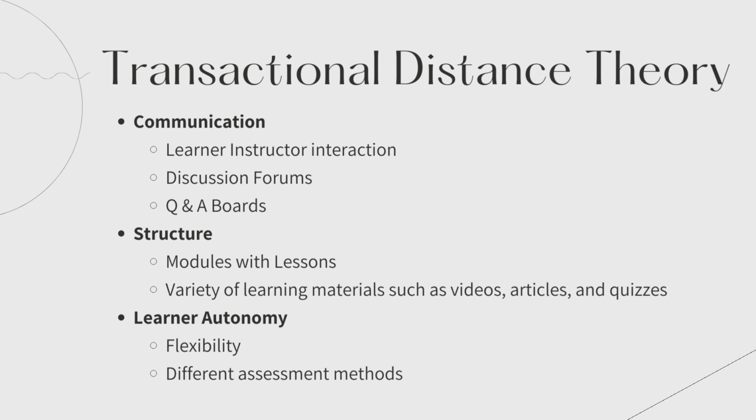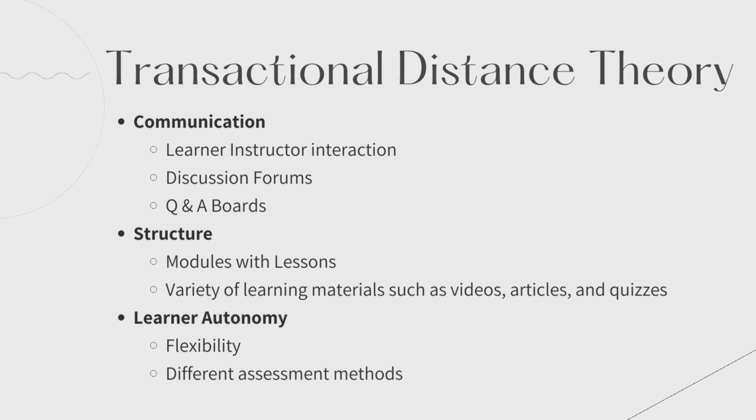When it comes to learner autonomy, this course aims to allow learners to have control over their learning experience by offering flexibility in terms of pacing, content selection, and assessment. This was achieved by providing self-paced learning modules, allowing learners to navigate through a variety of learning resources, and offering different assessment methods such as quizzes, simulation activities, and discussion boards.